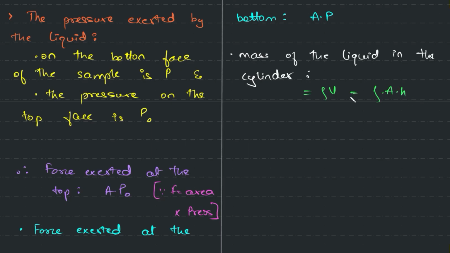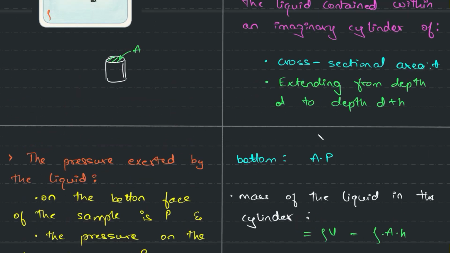I'm not going to explain why volume is area into height. That you guys should be knowing. That's the mass, and therefore the weight of this liquid will be rho A h into g. That's nothing but your Fg basically, right? This force.